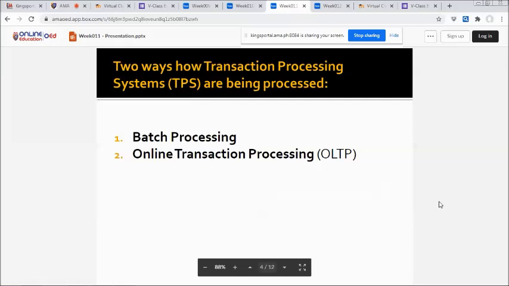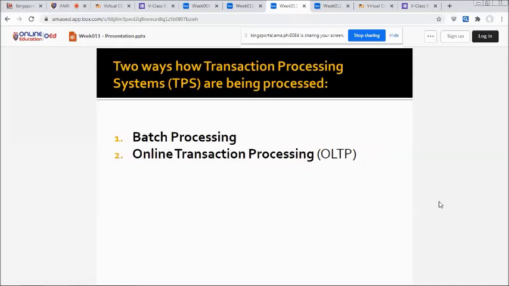We have two ways how transaction processing systems or the TPS are being processed, using batch processing and using online transaction processing, which is the OLTP.